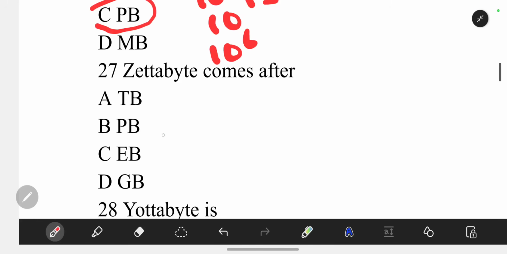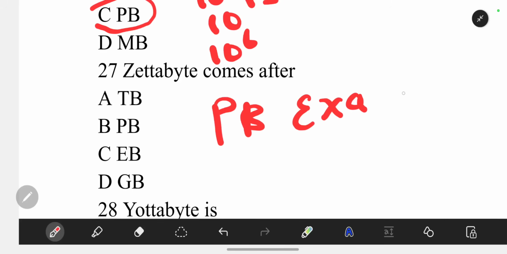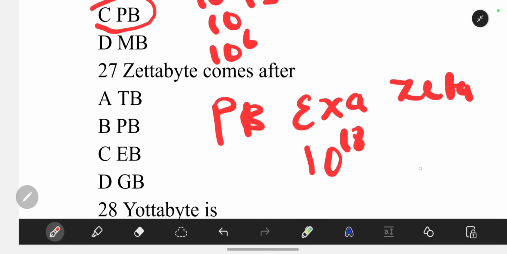Zetta comes after. So after the petabyte, there is the exabyte. The exabyte is 10 to the power 18. After the exabyte, there is the zettabyte, which is 10 to the power of 21, not 24. Peta is 10 to the power 15.